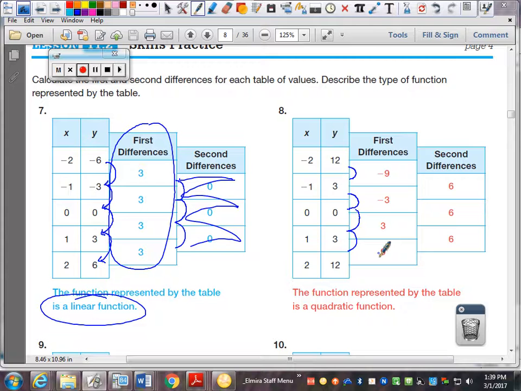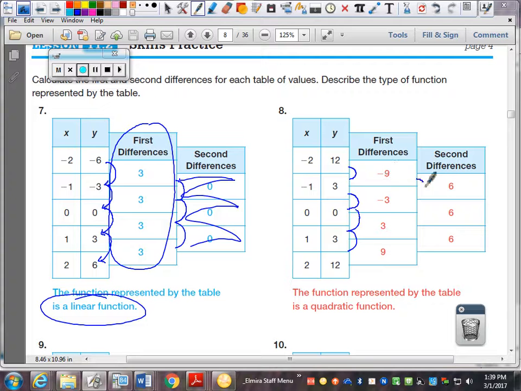So that's clearly not the same number every time, and when it's not the same number every time, that's when we start to know it's not linear. I can't tell at this point if it's quadratic or exponential or whatever, but I definitely know it's not linear. So then I start doing the exact same thing again.